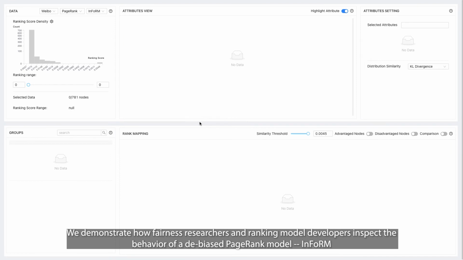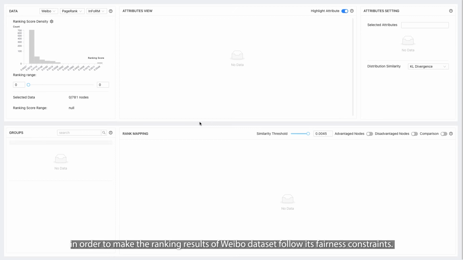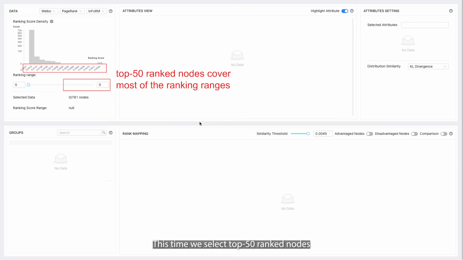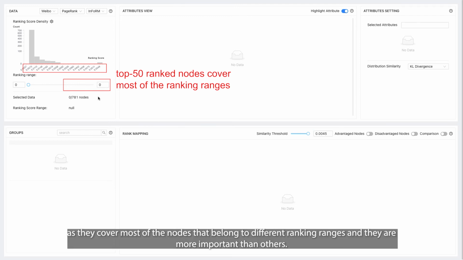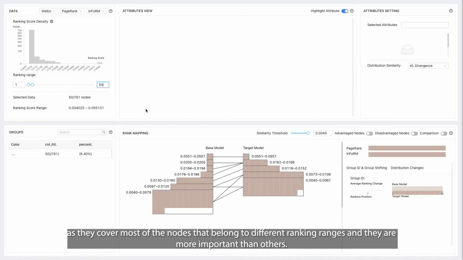We demonstrate how fairness researchers and ranking model developers inspect the behavior of a de-biased PageRank model, InFoRM, in order to make ranking results of an available dataset follow its fairness constraints. This time, we select the top 50 ranked nodes, as they cover most of the nodes that belong to the different ranking ranges, and they are more important than others.